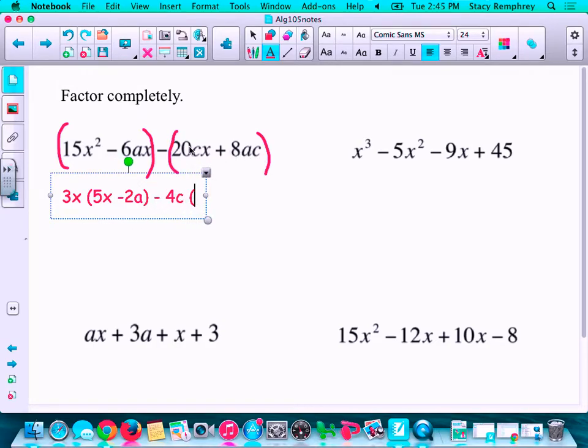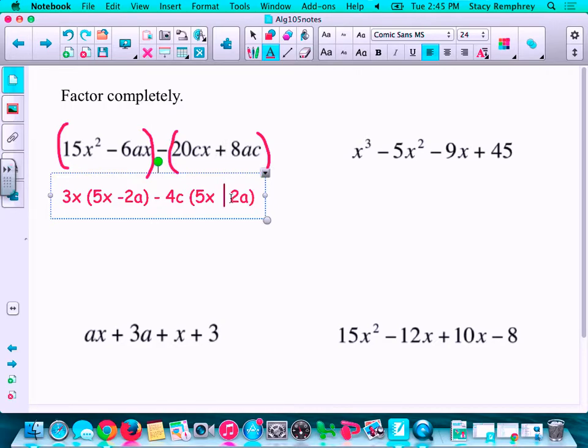All right, when I distribute the negative 4c times what would give me 20cx? 5x. I'm going to put a blank here for a second. 4c, because I think you can get the 2a part. But you have to remember that when you distribute this, you want to get a positive 8.